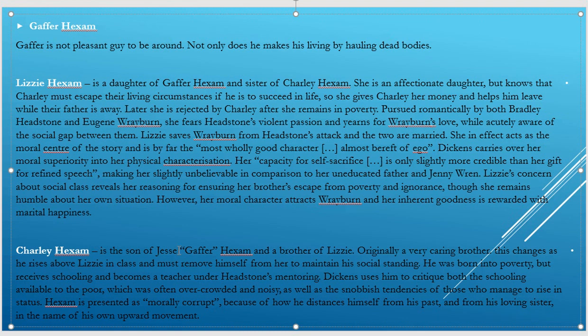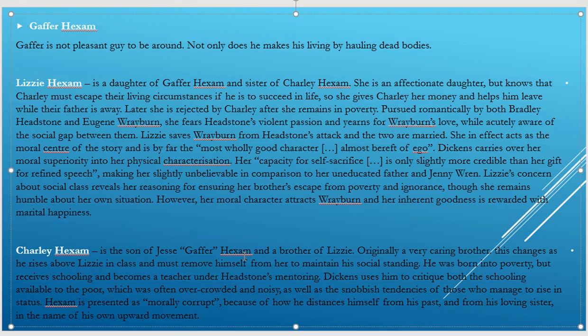Charlie Hexam is the son of Jafar Hexam and the brother of Lizzie, and also originally a very caring brother. This changes what happened to her because she's still in poverty.